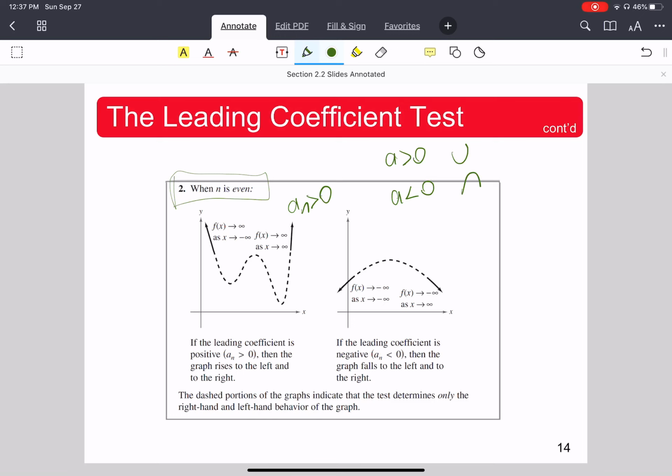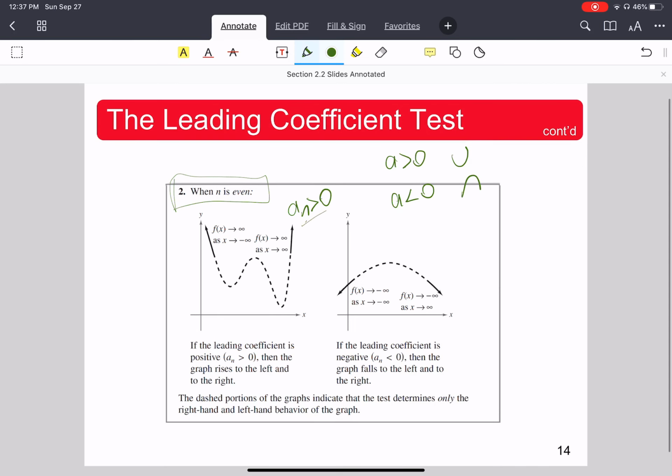Depending on the leading coefficient, we can know what's going on at the endpoints. So if a sub n is positive, then it's going to open up on both sides. It's going to rise on both sides. If a sub n is a negative number, then on both endpoints, the polynomial will fall.